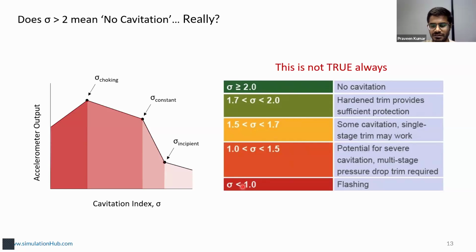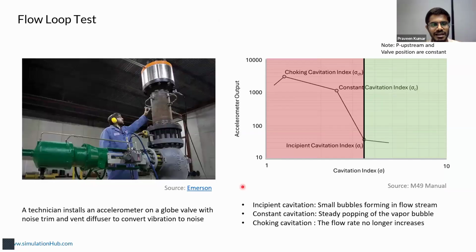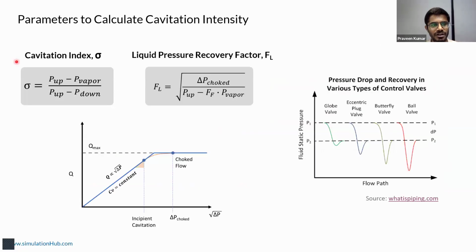To calculate sigma, it doesn't have anything to do with your valve design per se. If you know the operating condition, you can calculate the sigma. Look at the formula: the vapor pressure is the same, and once you know P upstream and downstream, you can calculate the sigma. This has nothing to do with the design or cavitation.